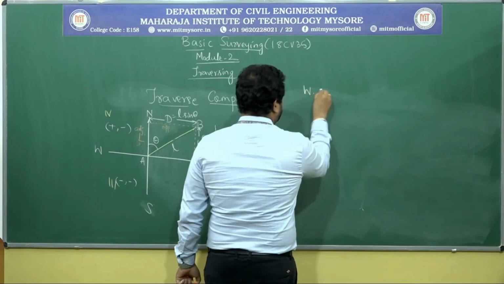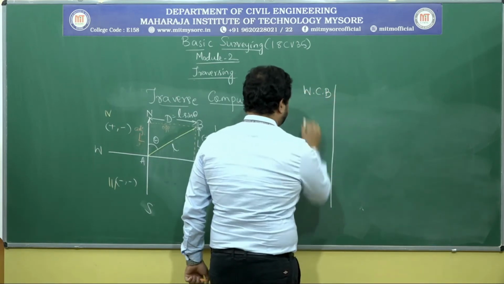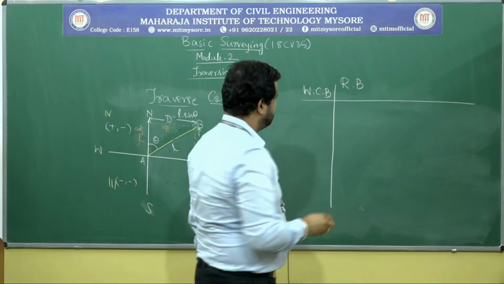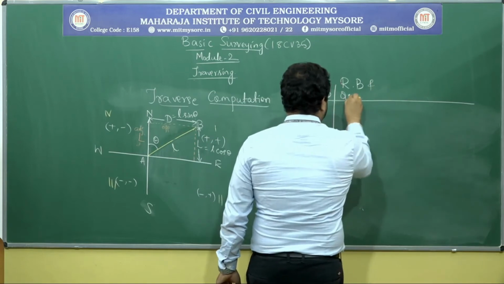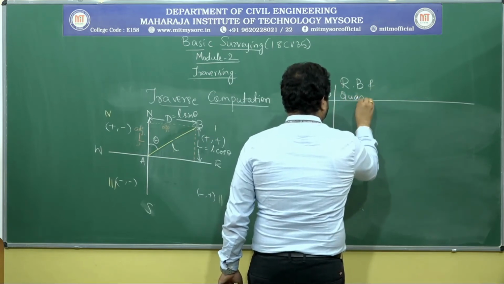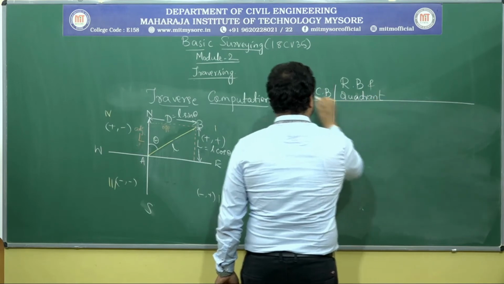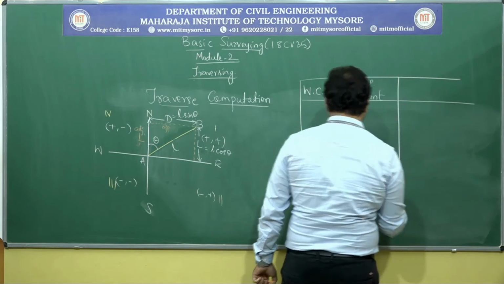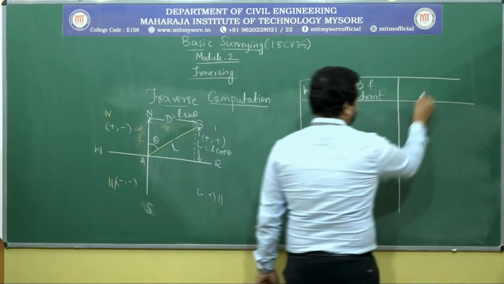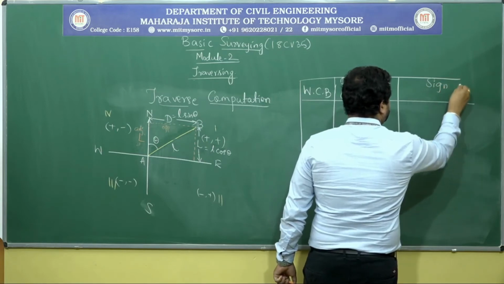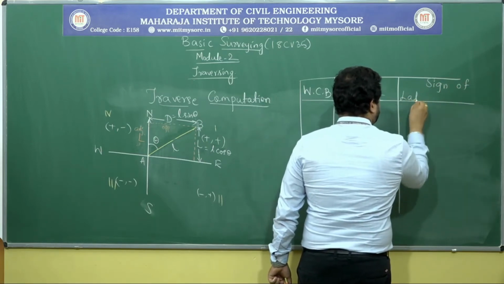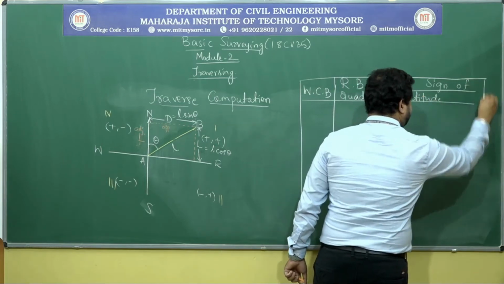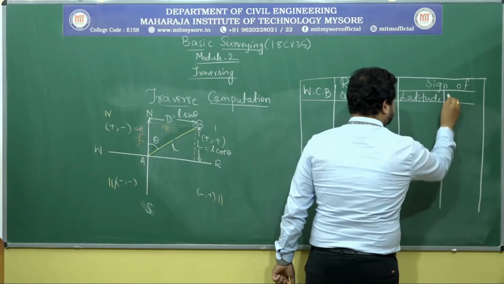So the first column will be WCB, the second column will be the reduced bearing and quadrant, next we will be having sign of latitude and departure.